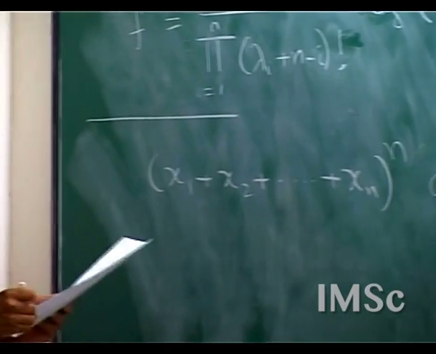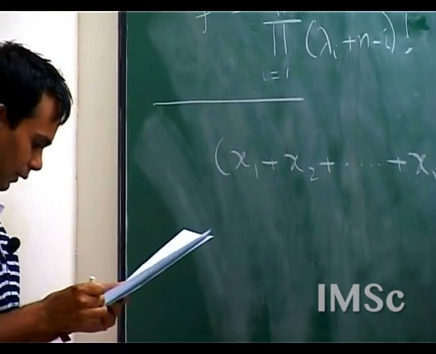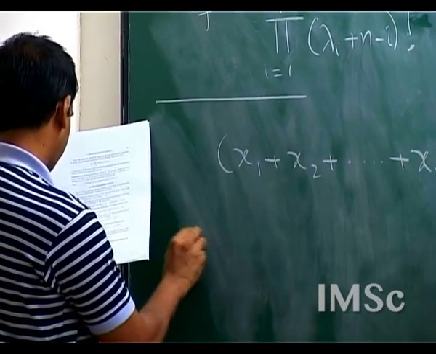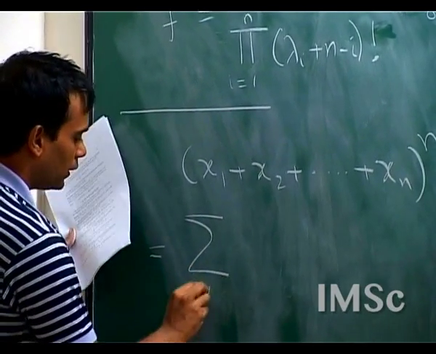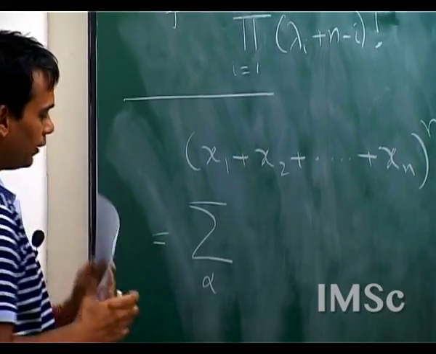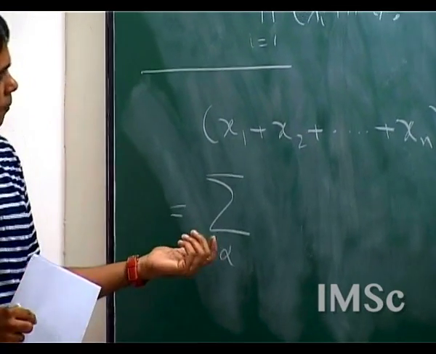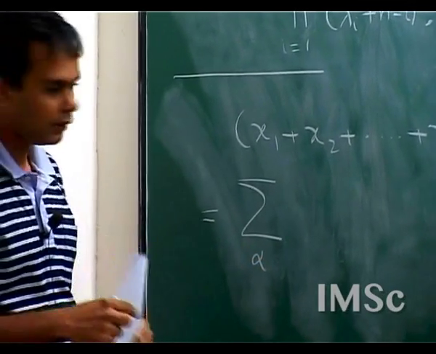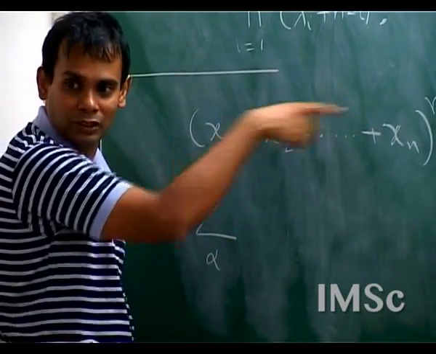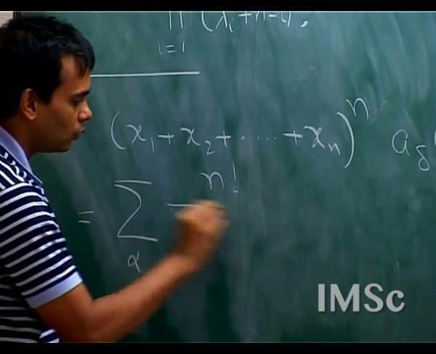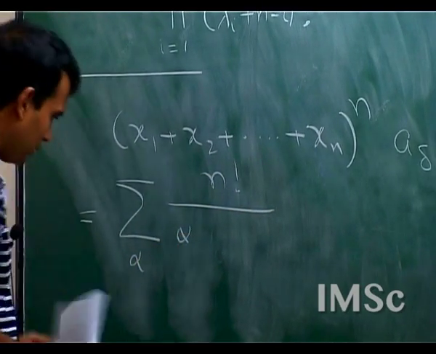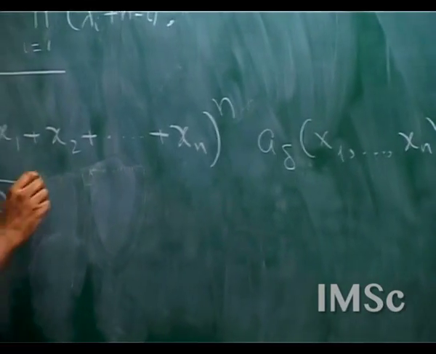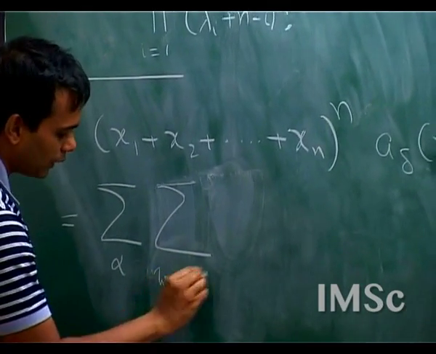Well, I can expand it out and write it as firstly a sum over all alpha, where alpha runs over all vectors with non-negative integer entries that add up to n. This is from the multinomial expansion, n factorial over alpha. I'll also be expanding out this determinant, so that will give me a sum over all permutations w in Sn.